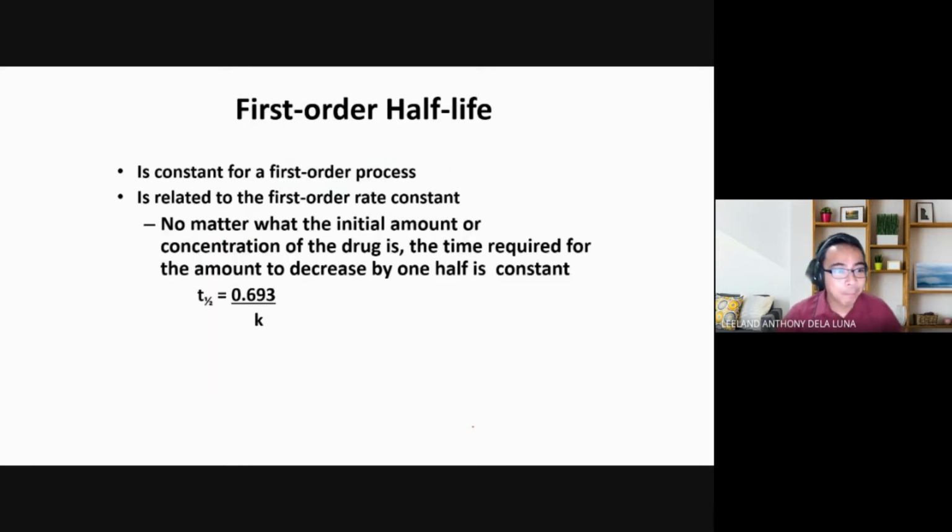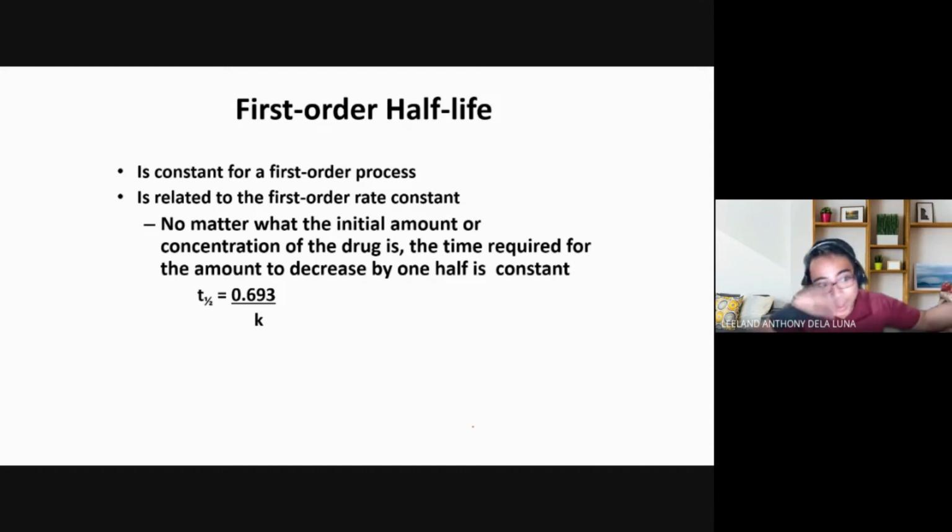Now, how do we compute, class, for half-life? Of course, class, ang pinaka-useful clinically are drugs following first order. Sabi nga natin, 90 to 95% of the drugs in the market follow first order kinetics. Magpa-follow lang naman siya ng zero order once na-reach ang saturation point.